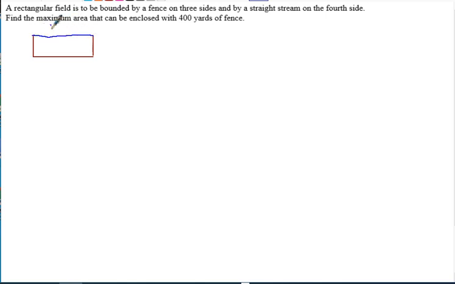So there's our stream, just like a river here. And then you want to find the maximum area. So that's what you're maximizing here. It's going to be our main equation.